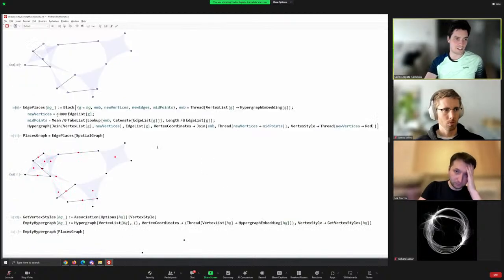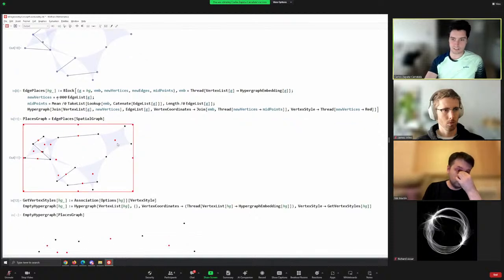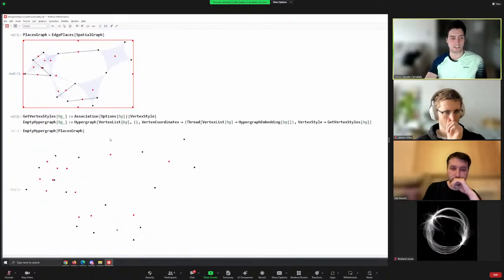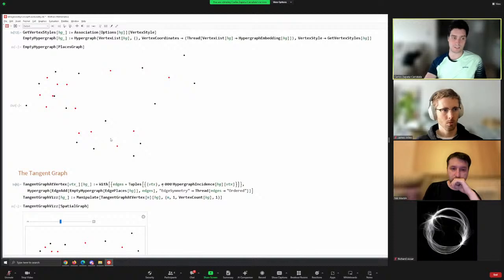And so we have this idea of an edge place, and we can get the places graph by just applying this edge place function to a given hypergraph, which is basically just going to create new vertices everywhere that there is an edge, and we can use them to define certain things.